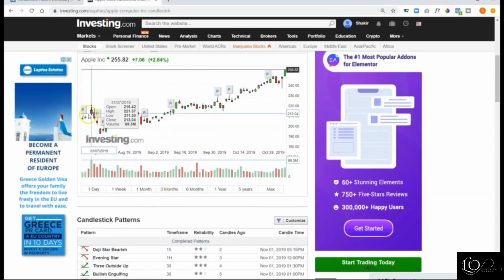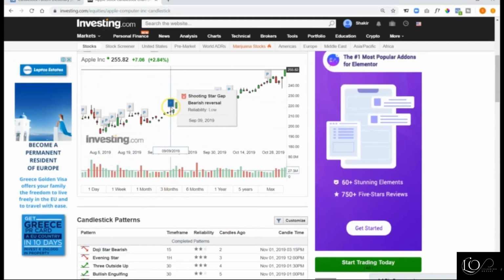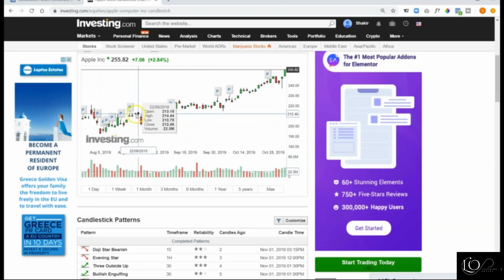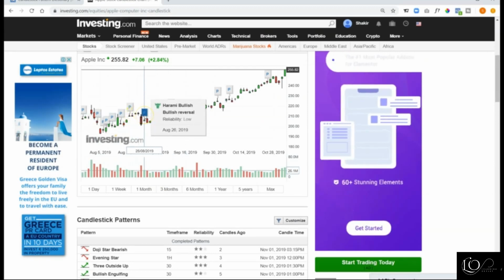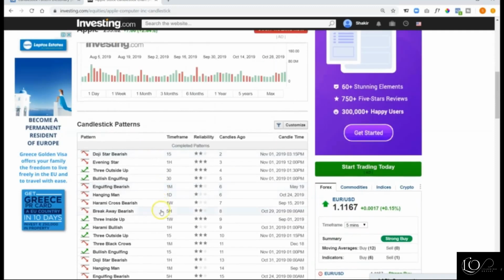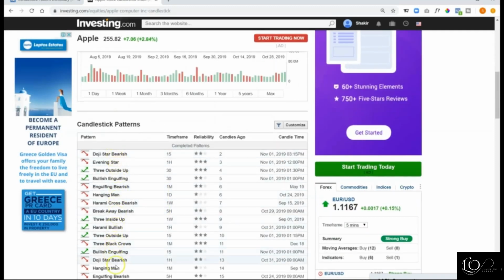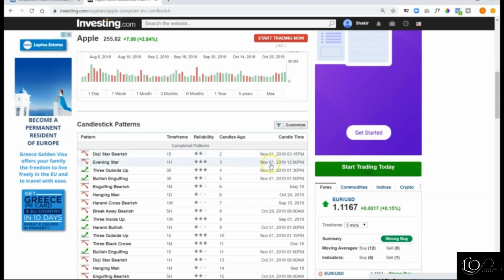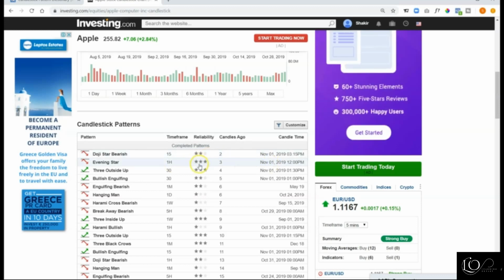What you can see is that on this chart they have labeled each one of these candles wherever a pattern is appearing, and a pop-up shows us what kind of pattern it is, how reliable it is, and when it was formed. You can also go in and look at some of the patterns that have been made in the recent past. It will also give you the time frame that this pattern is appearing on, and the exact time, and how reliable it is.